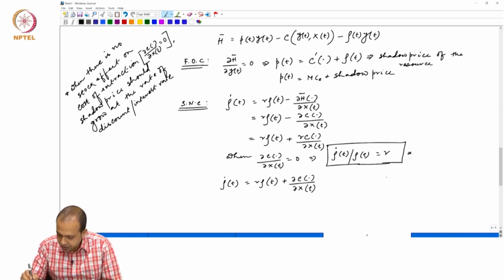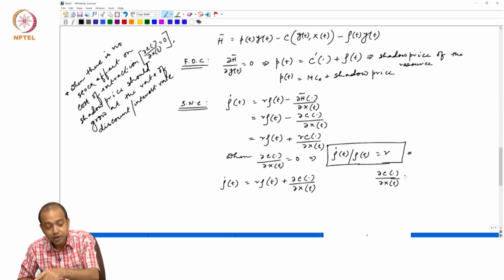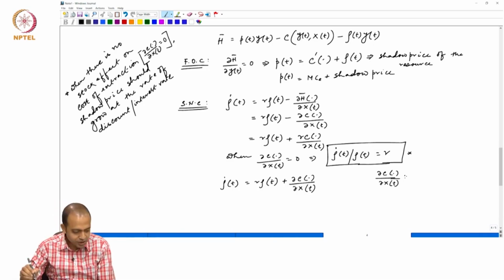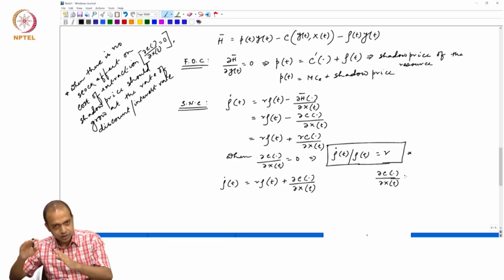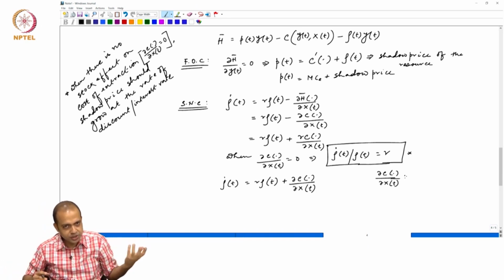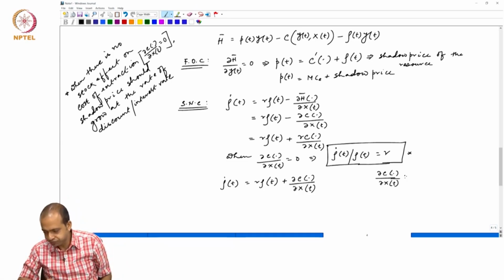So, here this del C dot del xt, what we can think of, this is the stock effect on cost of extraction. That means, indirectly we can say this is basically the marginal benefit of not extracting the resource today. If I do not extract the resource today, then the stock will be more in the next period and cost of extraction would be less. Very simple. More stock means less cost of extraction.